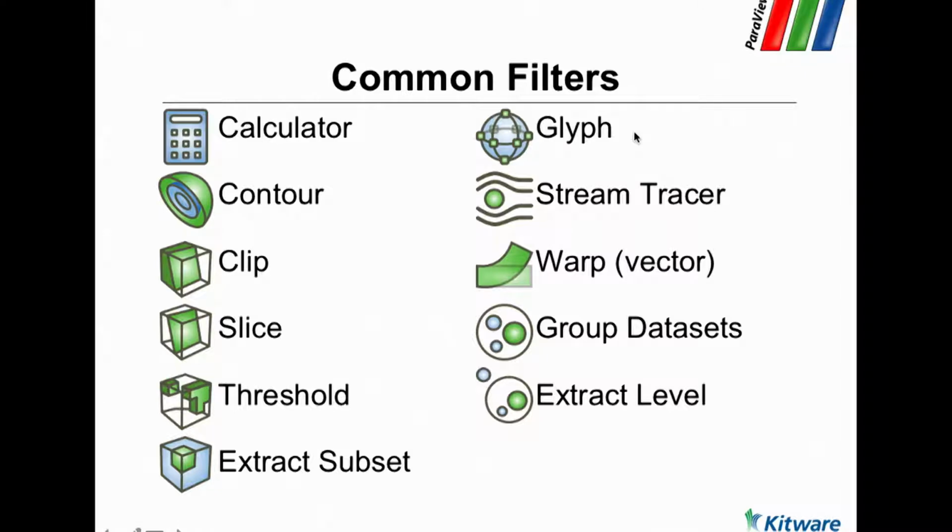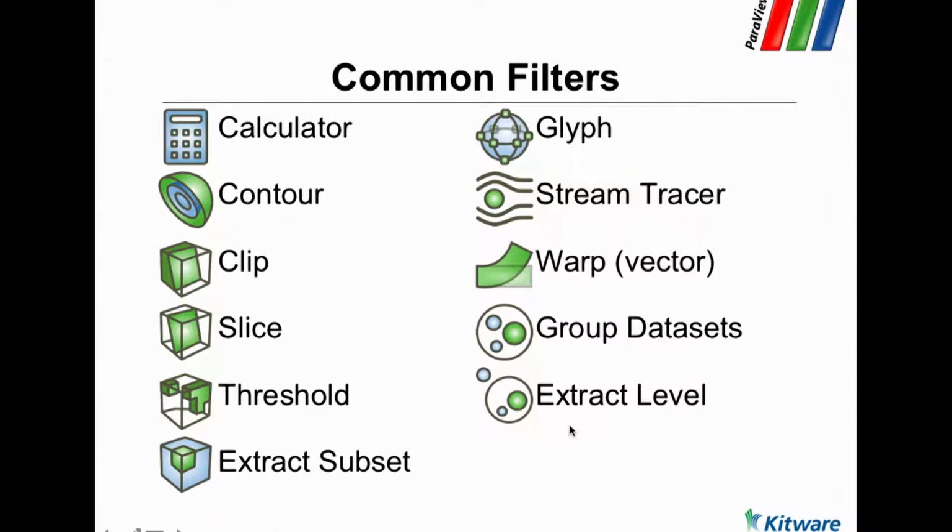You can apply glyphs to your data, that is, apply glyphs at specified points in your data, and data is sampled there, and the visual properties of your glyphs are determined by the data sampled at those locations. You can do streamlines using stream tracer, warp the data based on a vector or scalars. You can group data sets so that you can apply processings together, or you can extract a data set.